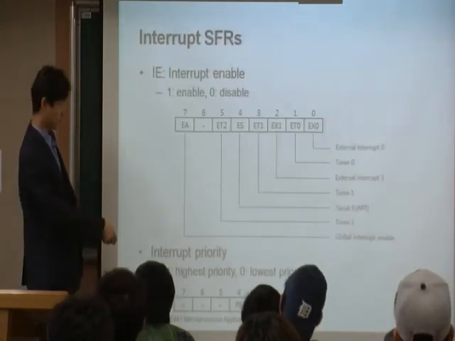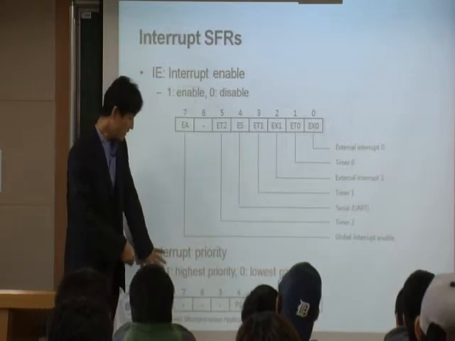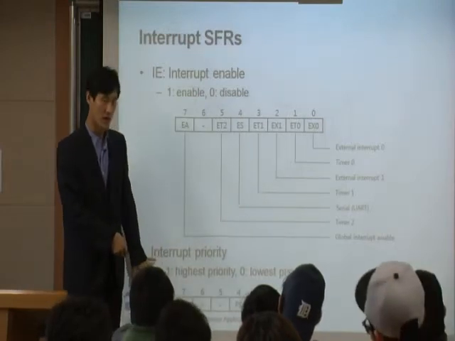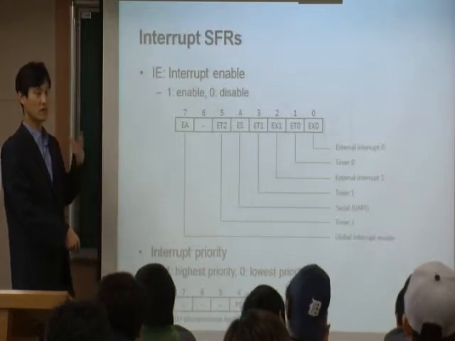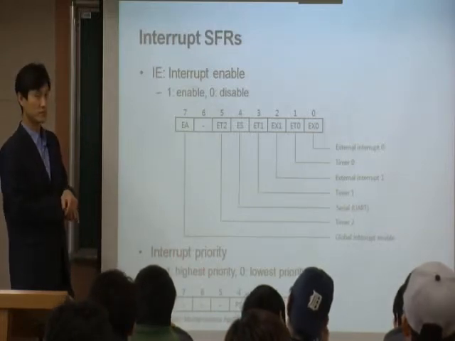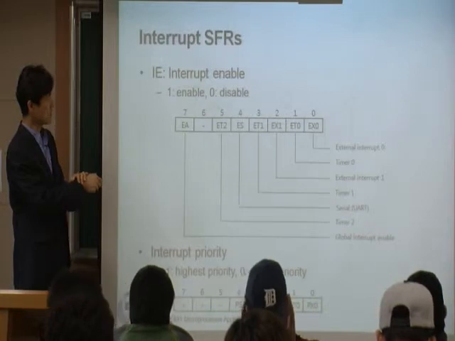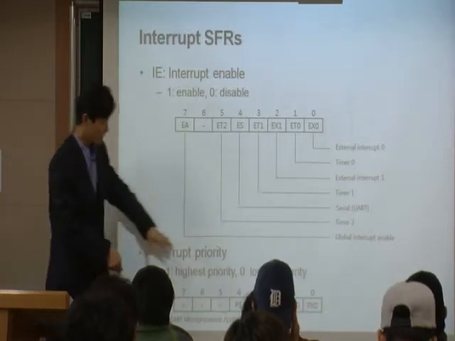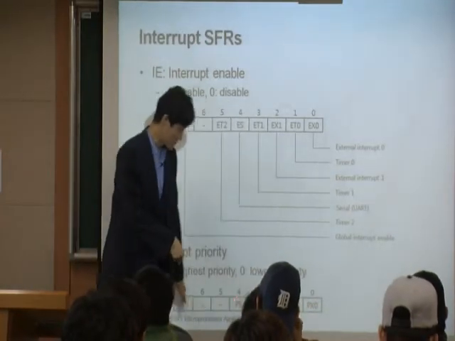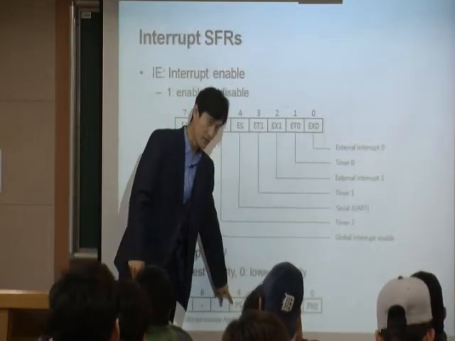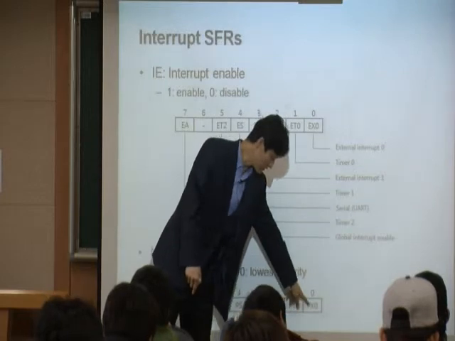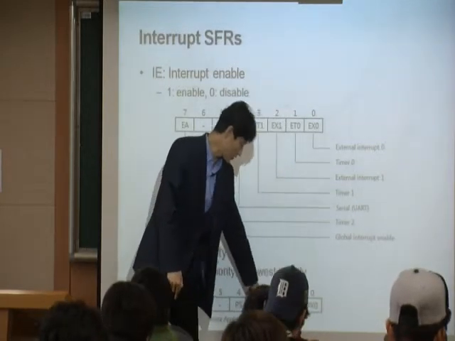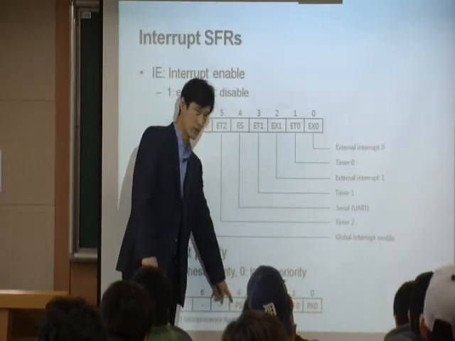Actually, I skipped this one, but there's another register called the IP, interrupt priority. This is another register. Okay? And this register has 5 different bits like this. P means priority. And same way, X means external 0, timer 0, external 1, timer 1, and the serial port.